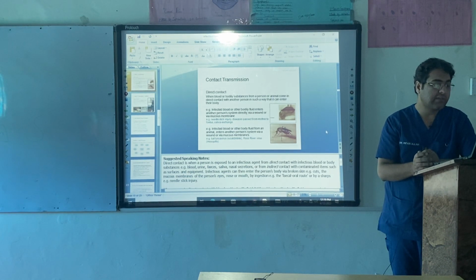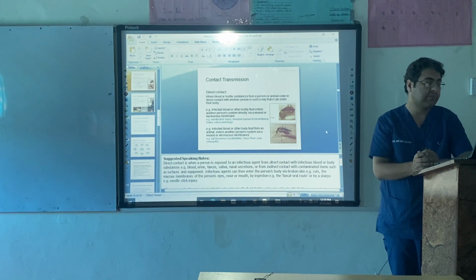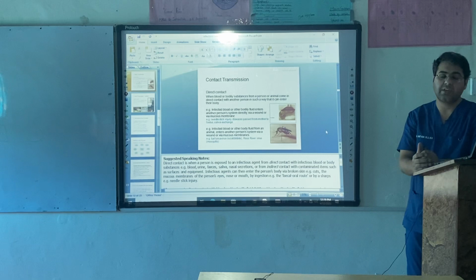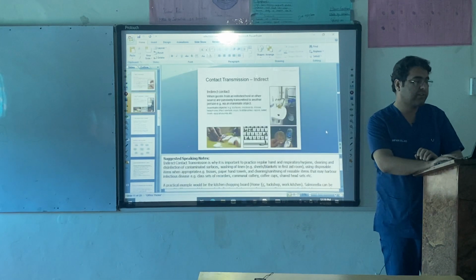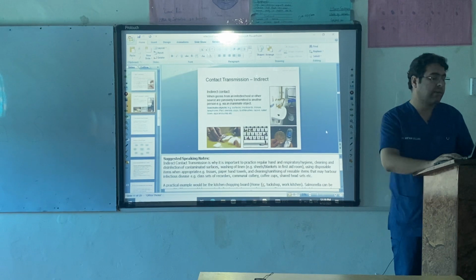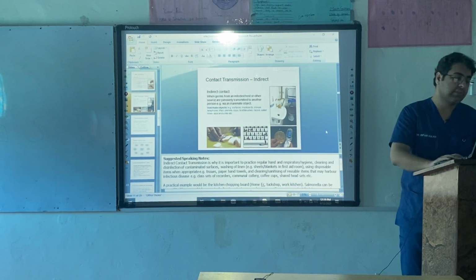Infectious agents can then enter the person's body via broken skin, for example, cuts, the mucous membranes of the person's eye, nose or mouth, by ingestion, for example, the fecal oral route, or by a sharp needle stick injury. These are the very basic things as a healthcare practitioner or an allied healthcare practitioner you should know.